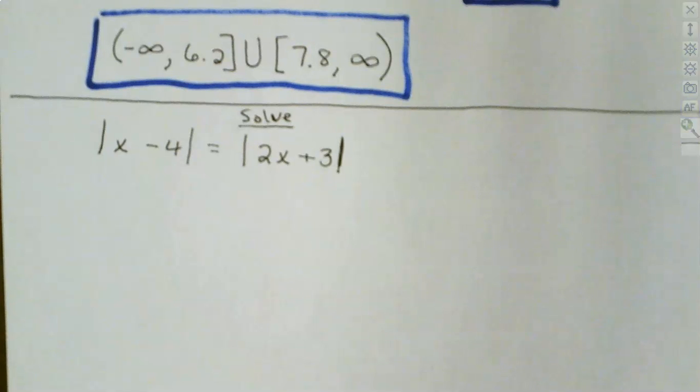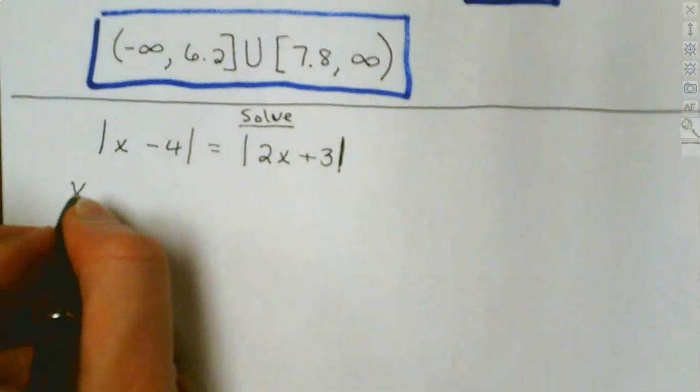So, are we going to have to graph this one? No. Why not? It's an equal sign, right? Now, it is a little bit different because we've got an absolute value equaling another absolute value. But we solve it the same way we've done before, which is get two equations. And the first one we get by simply dropping the bars.